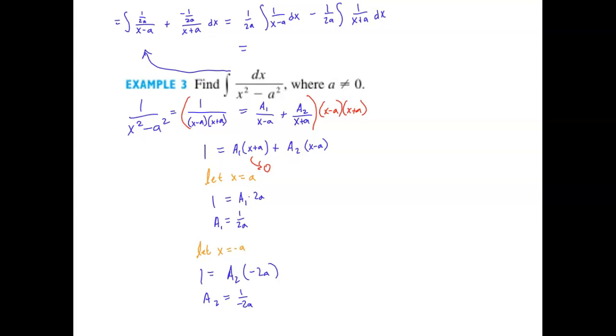What's the antiderivative of 1 over x? Natural log of absolute value of x, right? Remember I said as long as there's not a coefficient on the x and it's just x plus or minus a constant, it's still just going to be the natural log absolute value of whatever is in that denominator.